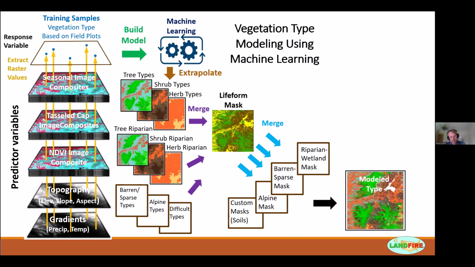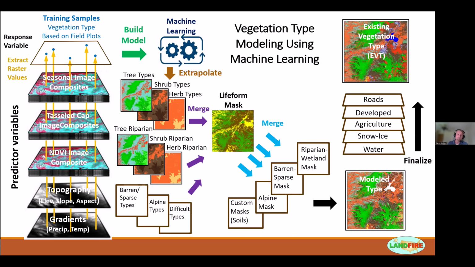And then for the difficult types, they often have specific soils, or maybe there's a different layer out there that's helpful for constraining where that type occurs. And so that's all put together into our final model type layer. And then in the same way, we bring in all those non-vegetation types to create our final EVT map.